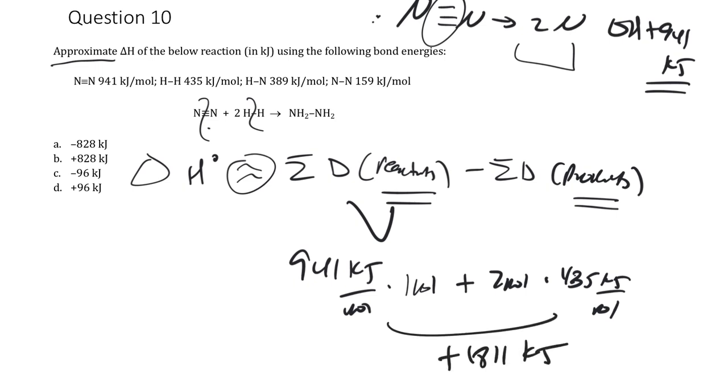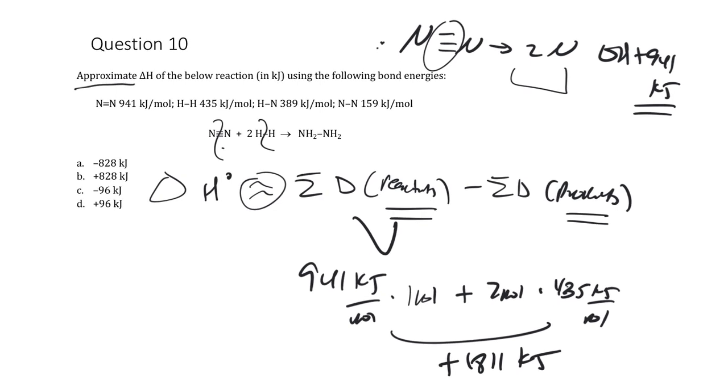kJs. And then are the new bonds we're forming stronger or weaker? So I end up forming 4 bonds between nitrogen and hydrogen. So I form 4 of the N-H bond. That's this value here. And then 1 nitrogen-nitrogen bond.